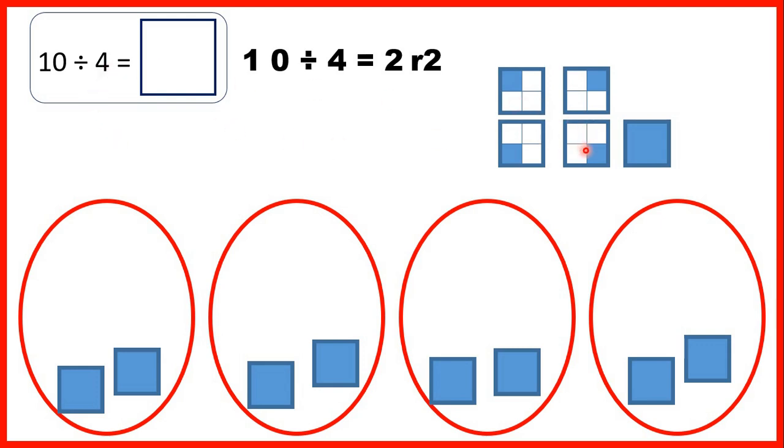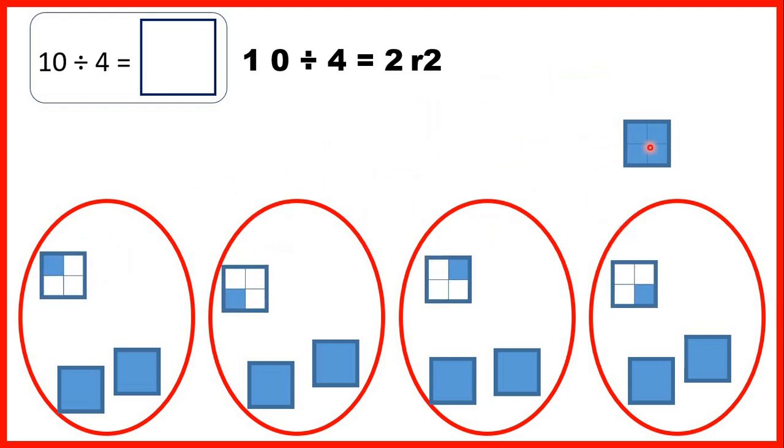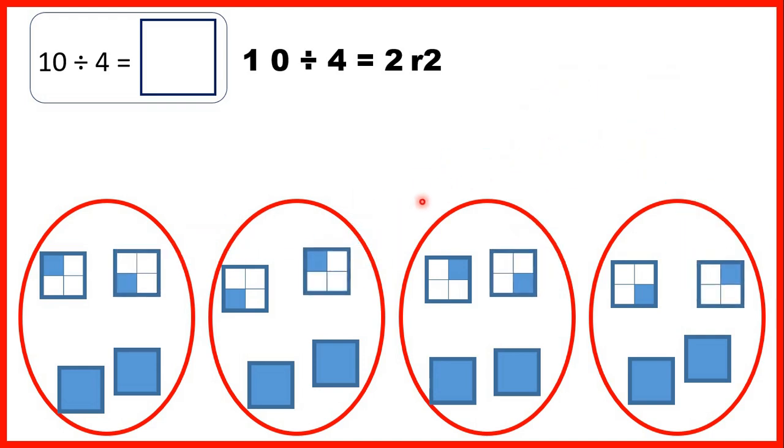So we split each block into 4 quarters, which can be shared out, and then we can split this block into quarters as well and share those out. So now we have 2 wholes and 2 quarters in each of our groups, and that's why our answer is 2 and 2 quarters. Now you might notice that 2 quarters is the same as 1/2, so we could push these blocks together to make 2 and 1/2.